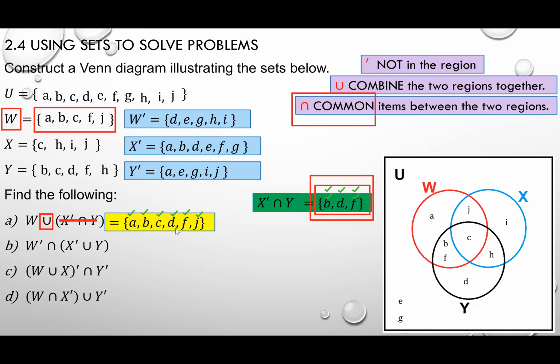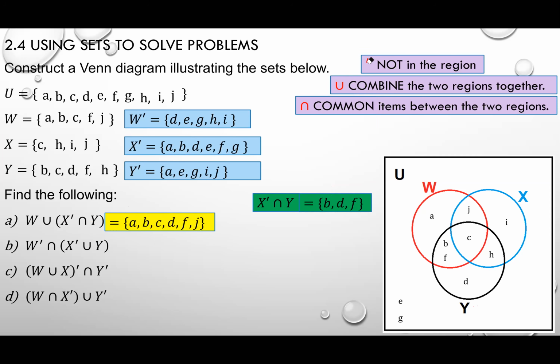Okay. So yesterday, I figured if you look at the Venn diagram, you can see it a little bit better, but hopefully it didn't backfire and confuse some of you more. If you get confused with the Venn diagram, then just do it by hand like this. When you see the apostrophe, you throw whatever is underneath that region out.